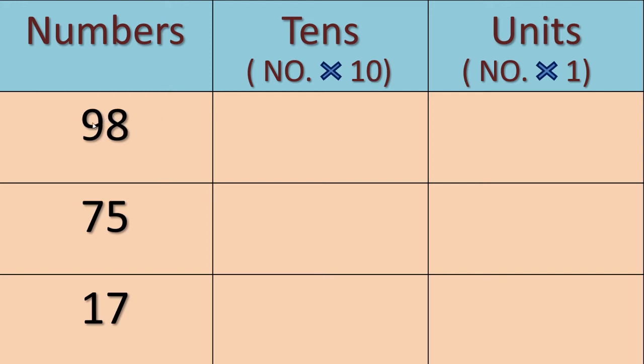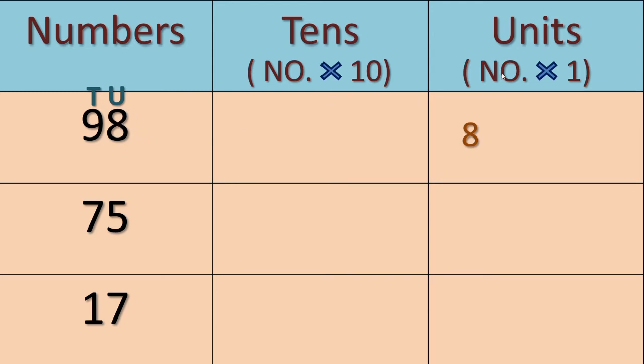First you see here 98. Okay, 8 is in unit place and 9 is in tens place. You know that, right? Always to the right it is unit place and next to the unit, that is tens place. Right? Okay. Now here we will write. First we will write about the unit place. Here 8.